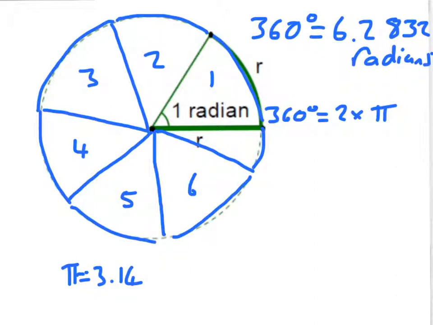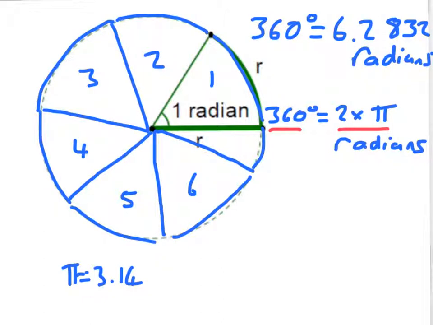And so 6.2832 is equal to 2 times pi. And so an easier way to write that would be, so there's 360 degrees, 2 pi, and remember I need to have radians underneath that. Can't just have it as equal to 2 pi. I've got to have units as well, because I've got units up here.